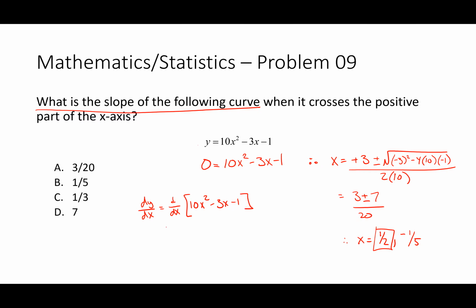That equals 10 times the derivative of x squared, 2x, that's 20x, minus 3. And so how do I find the slope when it crosses the positive part of the x-axis? Just plug in x equals a half. So 20 times a half minus 3 is 7.